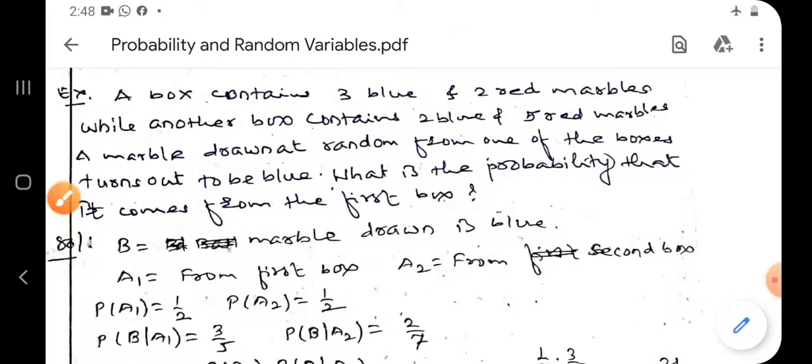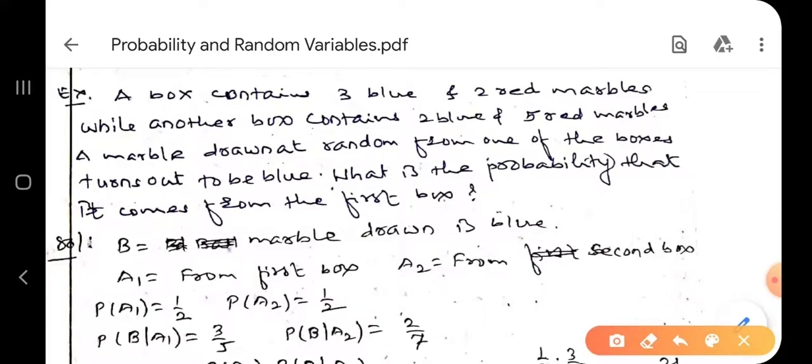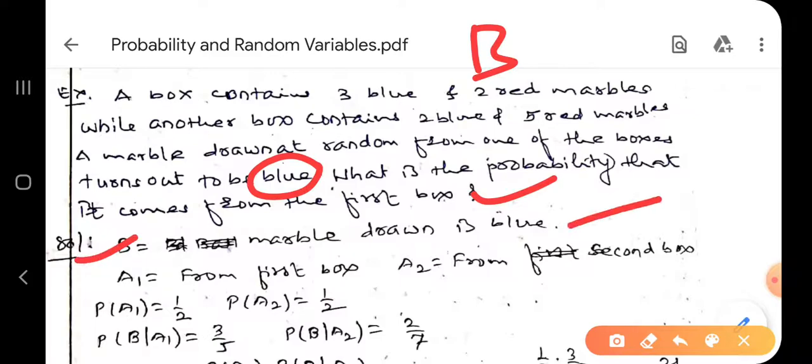A marble drawn at random from one of the boxes turns out to be blue. What is the probability that it comes from the first box? Again, 2 boxes are there, so P of A1 and P of A2 are 1/2. A1 means first box, A2 means second box, and B means the marble drawn is blue.